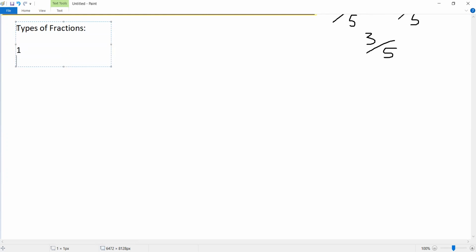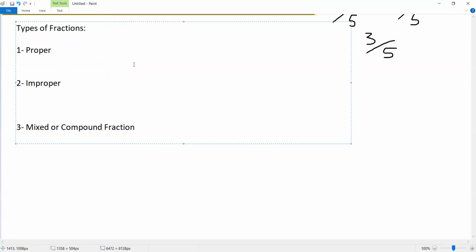Fractions have three types, namely proper, improper, and the third is mixed or compound fraction. So how do we define proper, improper, and compound fractions?